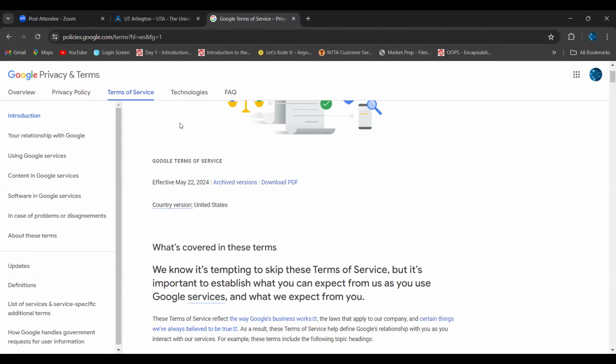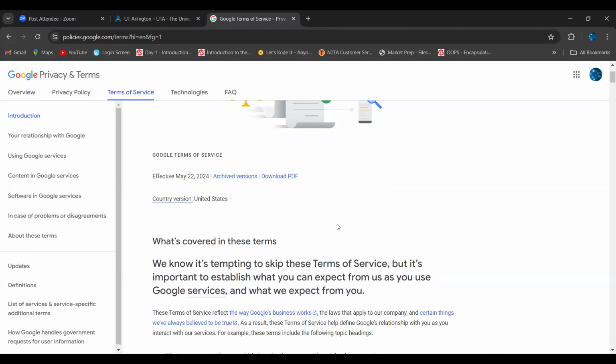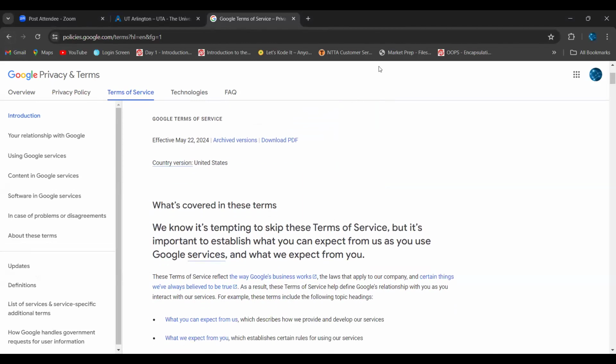So now, if there is an error on this page, it will be of a low priority. Why? Because people don't see that page often. So it's going to be of a low priority because we are not landing on this page many times.